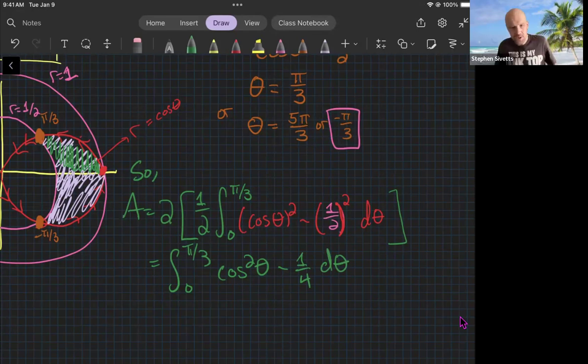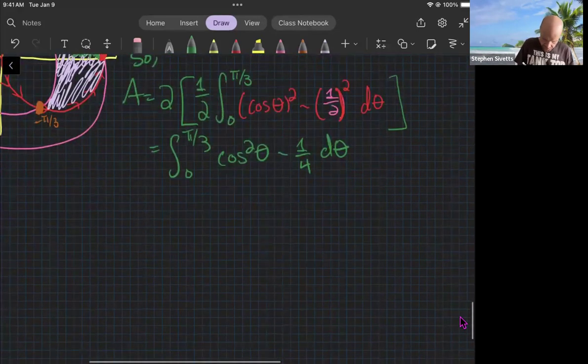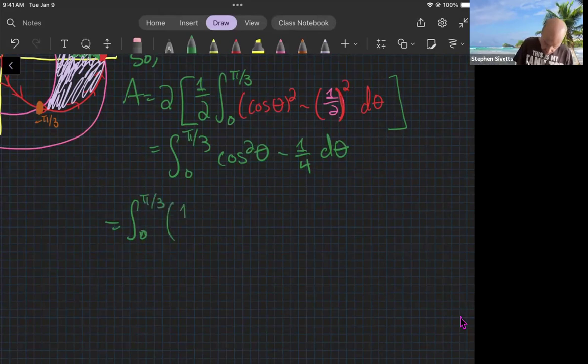For the first term, I'll use the half angle formula. So the integral from 0 to pi over 3 of (1 plus cosine 2 theta) over 2 minus 1/4 d theta.